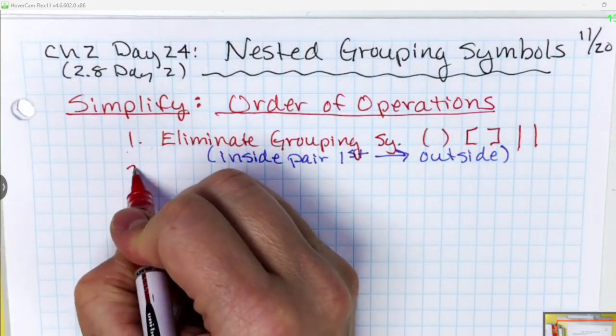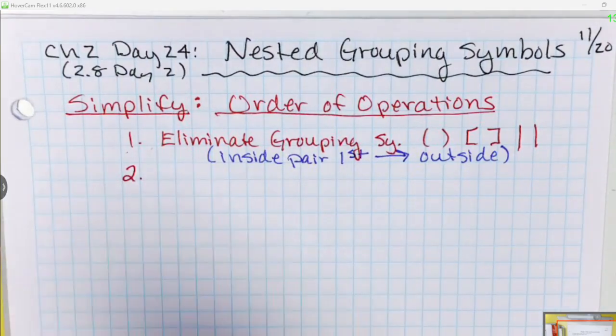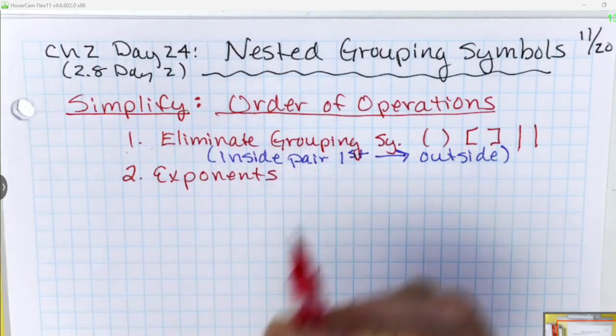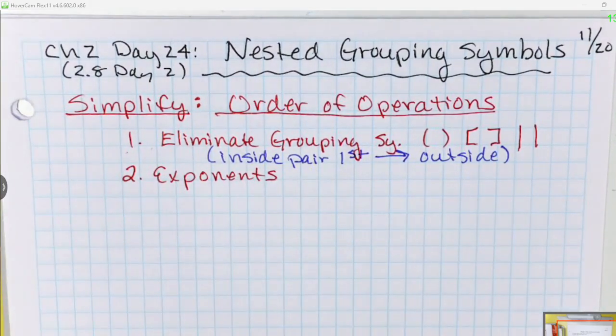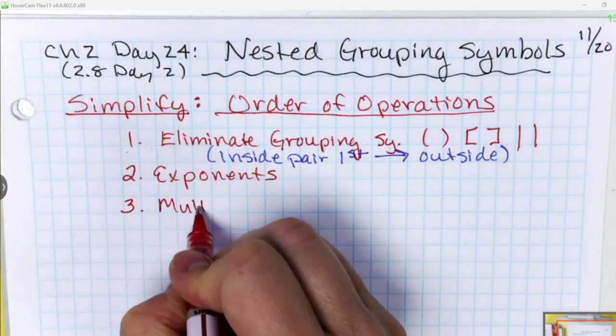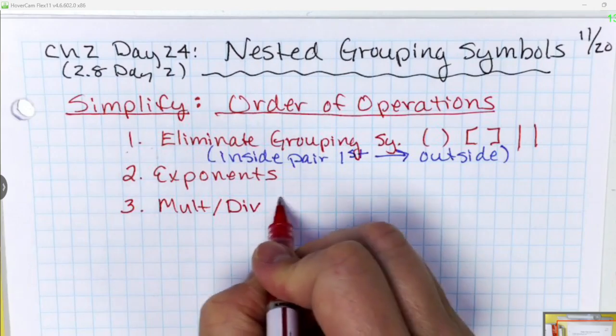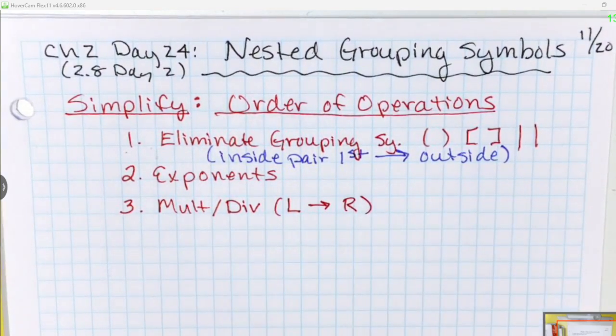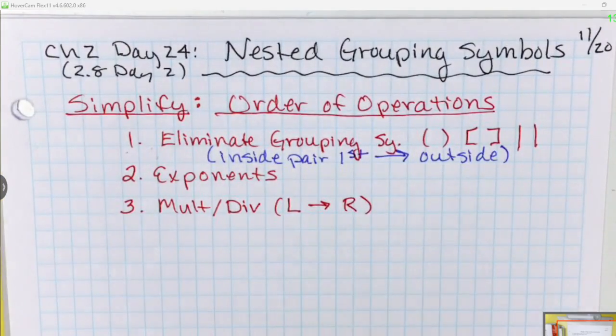Now I'm going to fill these in just so you have a copy of your order of operations. Your second step is exponents. So if there's any like 2 to the power of 3, you're going to want to make that into an 8. So exponents are number 2. Now, the last 2 steps you guys are really familiar with. Step 3, so I'm going to abbreviate, is your multiply divide step. And you have to go left to right, all the way to the left all the way to the right.